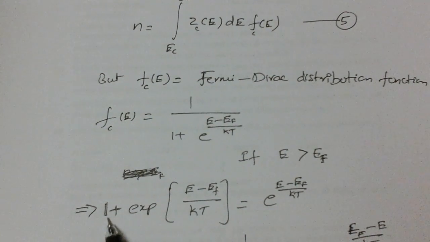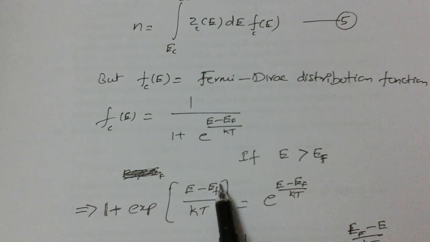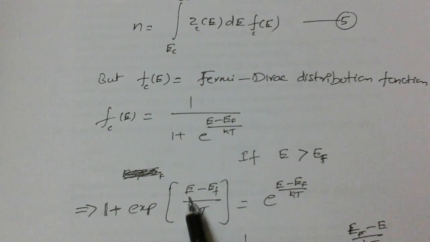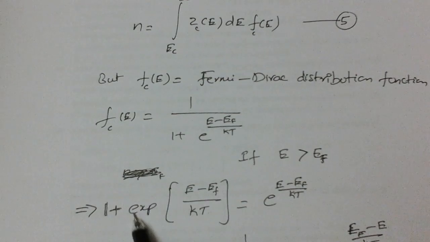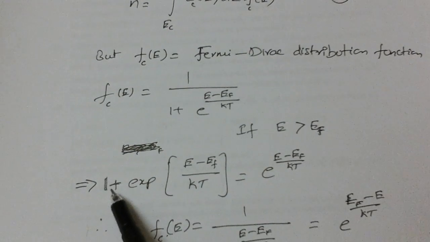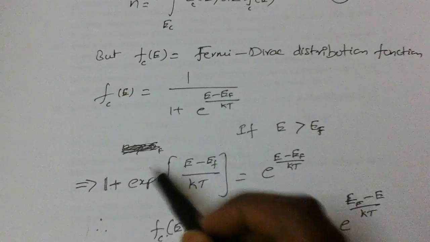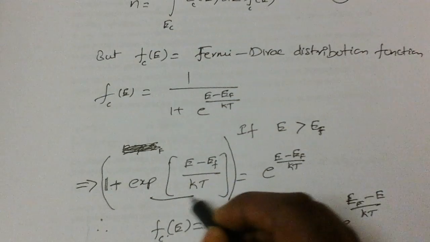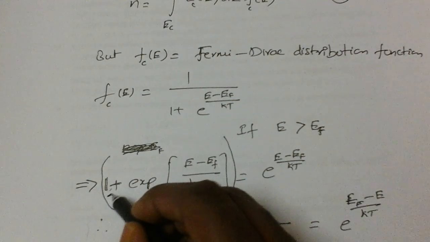That is why we are writing 1 plus e power of (E minus EF) by kT, where the exponential term is much larger than 1. That is why we are neglecting 1.